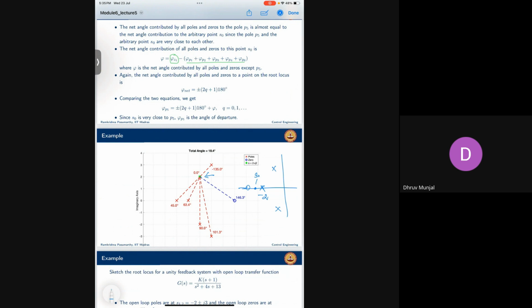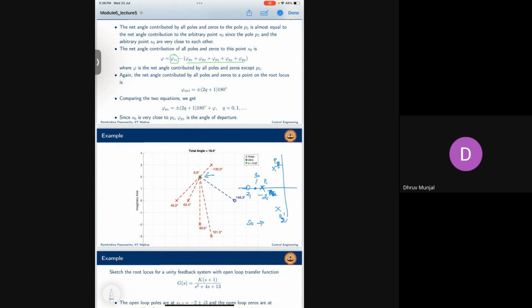I will calculate the angle of this test point with respect to all the poles and zeros lying in the system. From S0, this is Z1, this is pole P1, this is P2, P2 dash.